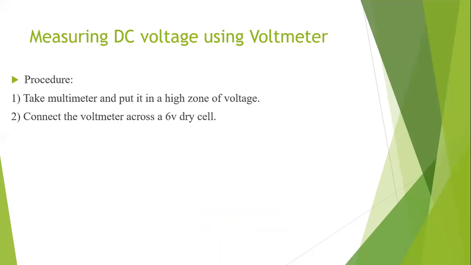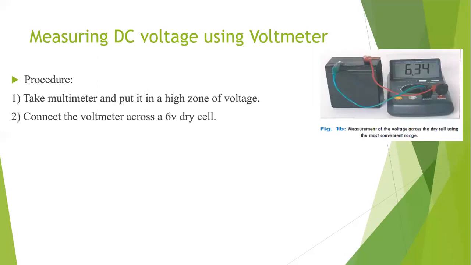Measuring DC voltage using a voltmeter. Procedure: take a multimeter and put it in a high zone of voltage. Connect the voltmeter across a 6-volt dry cell.